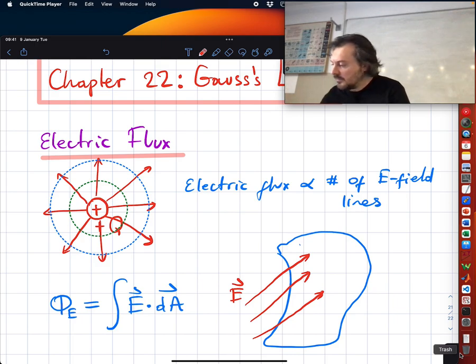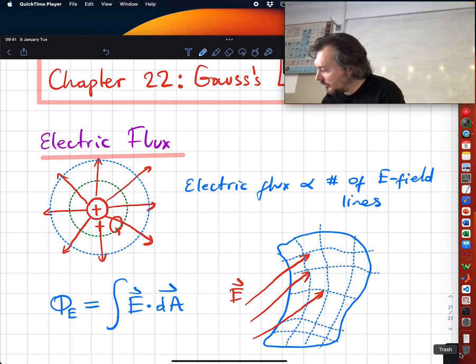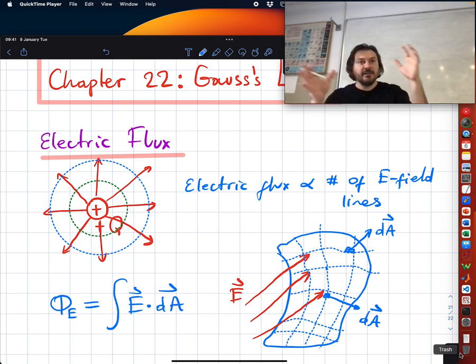The surface is composed of all these different places. You might choose a tiny bit of surface over here, looking that way, and another tiny bit over here, looking down that way. So you basically take the dot product of all that and sum it up.